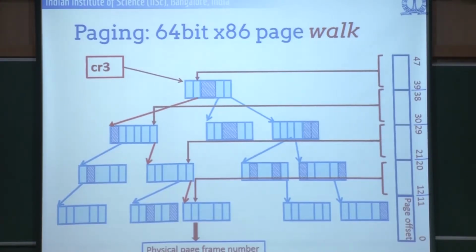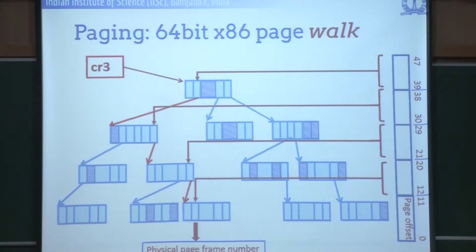CR3 is pointing to the root only. No, what it is pointing to also contains more, so there is another math going on here. We have given you two pieces of information: page size is 4 kilobytes, and every allocation and deallocation is 4 kilobytes, even for the operating system. We also talked about 512 entries in that leaf.